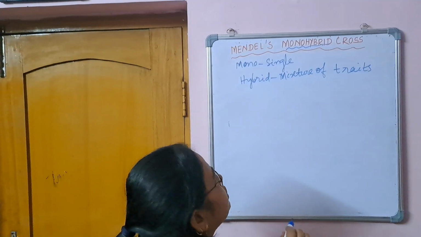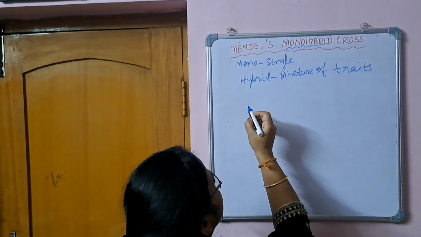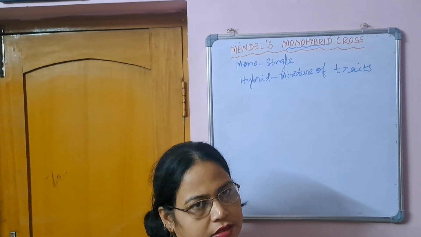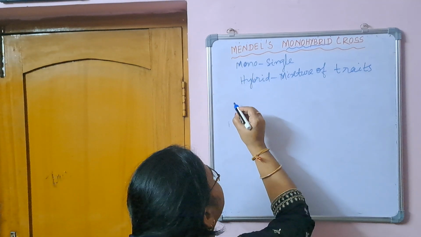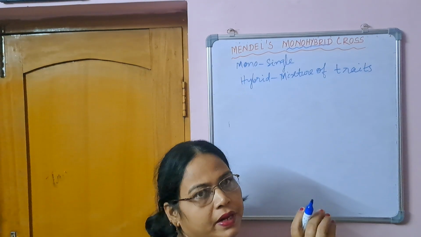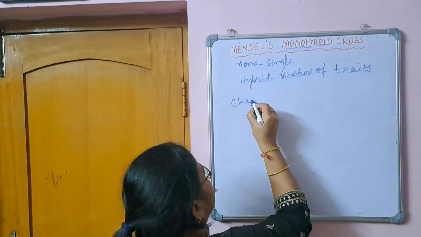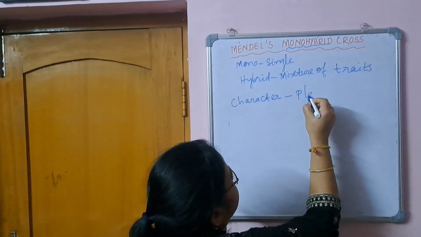Now, let us go to Mendel's monohybrid cross. Here, a single pair of contrasting characters is taken into consideration. So, let us take a very common example, plant height. Let me write here, the character taken is plant height.